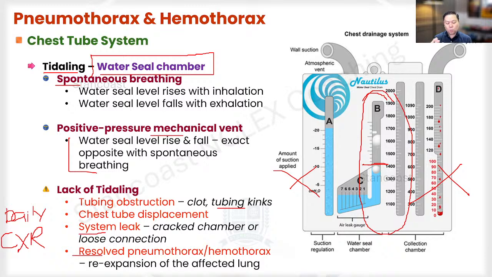Okay, so this is one way that we're going to tell, hey, our patient's getting better. At least they have some re-expansion at least 2 days after. So again, pay attention to the tidaling here. All right, so I hope that you're able to capture here about the tidaling. Again, that's going to be in the water seal chamber.